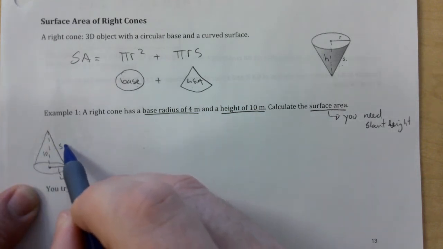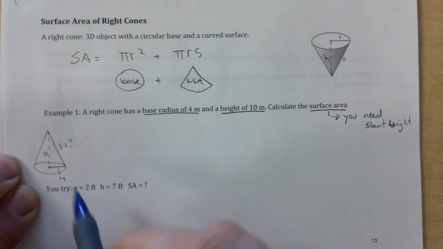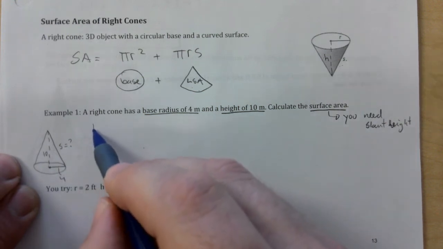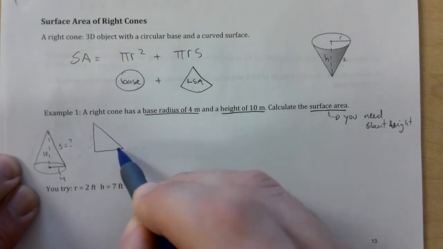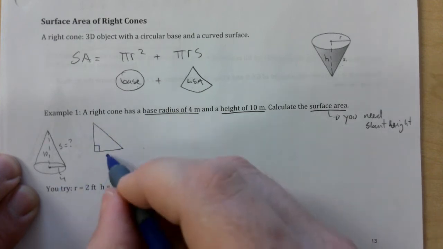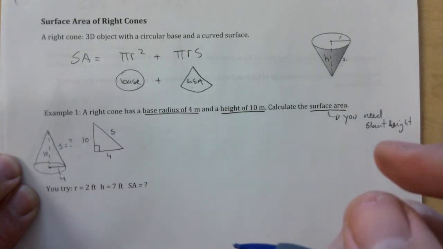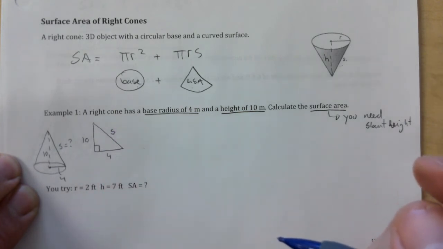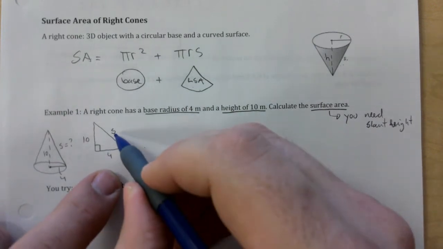We need to know our slant height. So we draw that out. We cut out that right triangle, and we know this is 4, this is 10, this is going to be our slant. Not a 5, this is a slant.